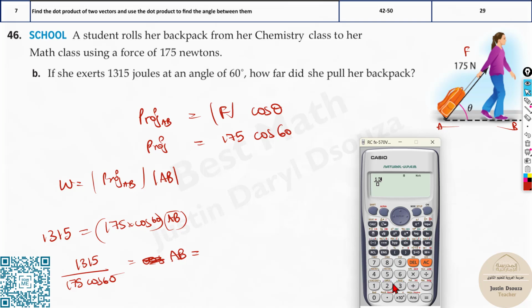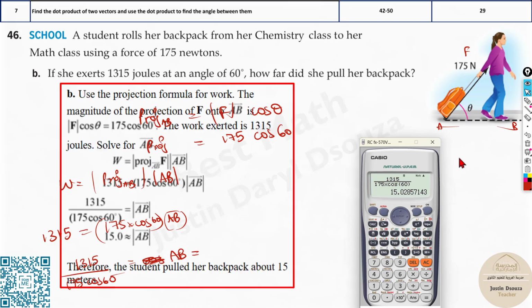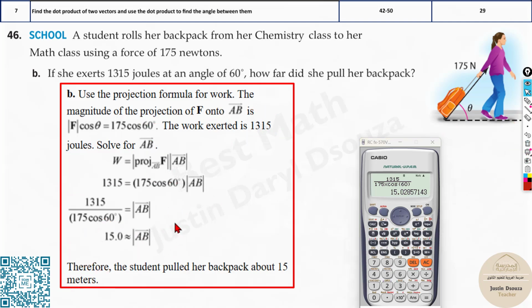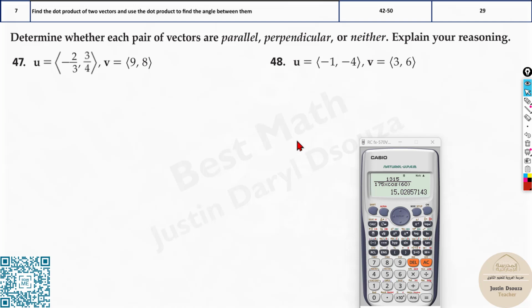It'll be 1315 divided by 175 multiplied by cosine 60 degrees, close the bracket. And the answer is 15.02. They didn't tell us to round it to the nearest tenth, so you can just write it as 15. It's about 15 meters, or you can write one decimal point, 15.0. So that is the answer here.